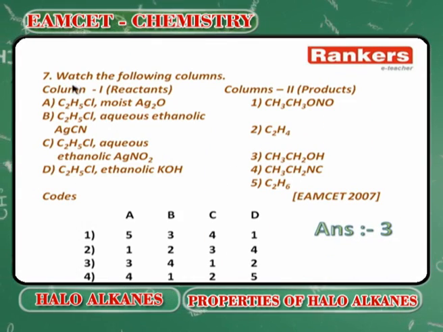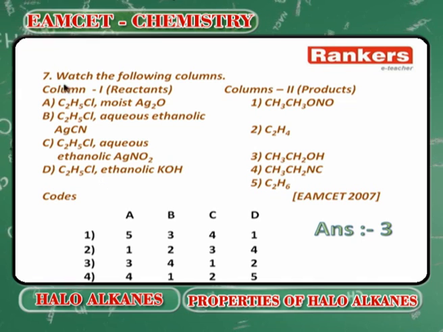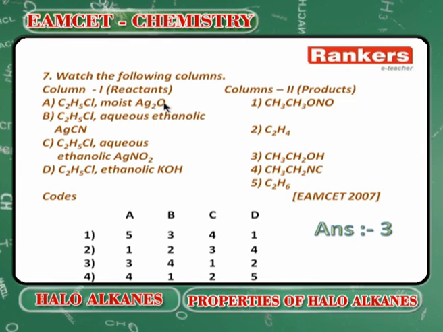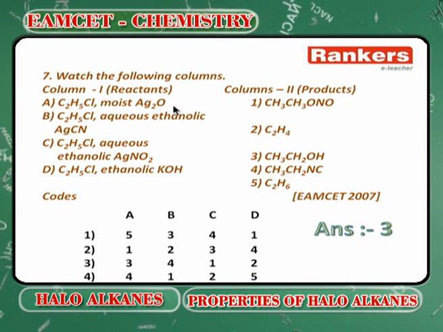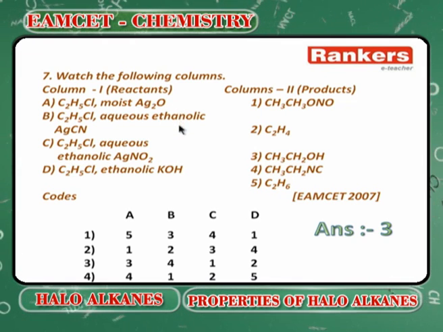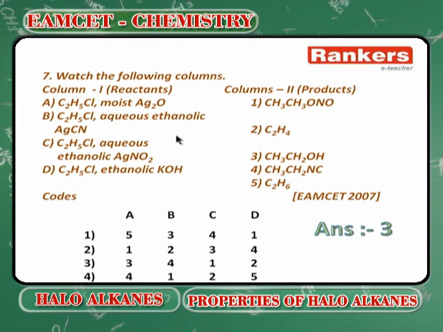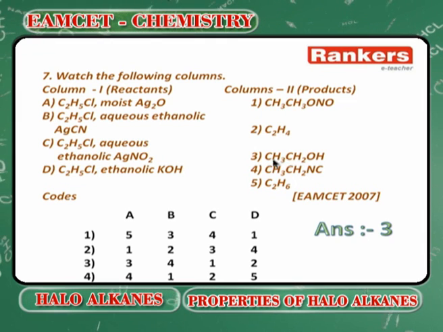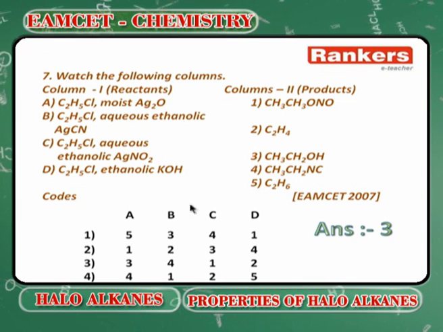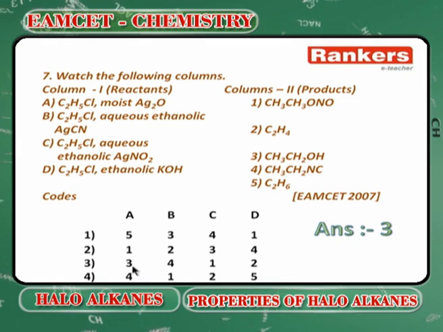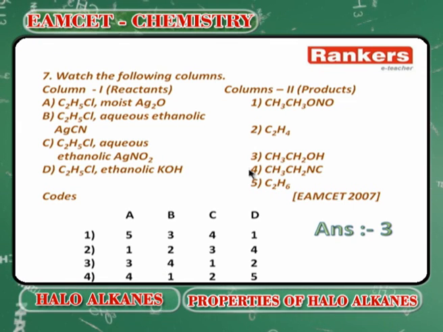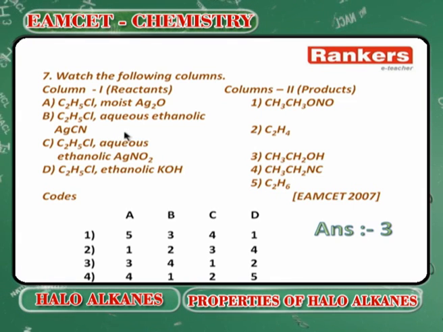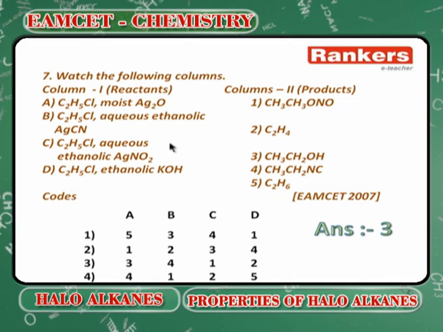Watch the following columns here. Column 1, ethyl chloride with moist silver oxide. Moist silver oxide means silver oxide will be anhydrous, then moist means water added, it will become silver hydroxide. OH is replacing the Cl. So, therefore, what you will get is ethyl alcohol. So, A is the third one. So, only one option, that is A3, B4, C1, D2. Let us examine ethyl chloride with aqueous ethanolic silver cyanide.